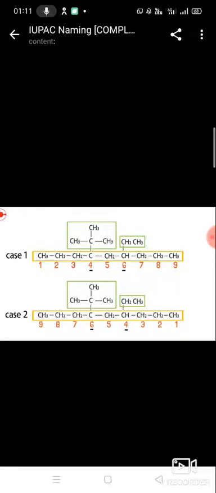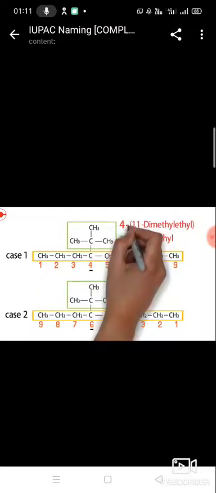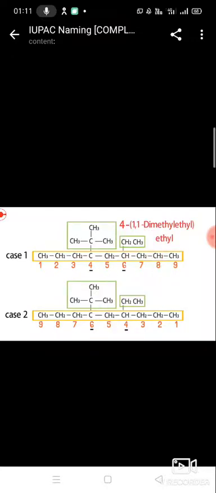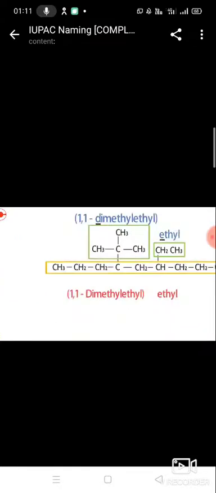Here the 4th carbon atom and the 6th carbon atom have attachments. In the 4th carbon atom, what is attached? 1,1-dimethyl ethyl is attached in the 4th carbon atom, and in the sixth carbon atom, an ethyl group is attached.